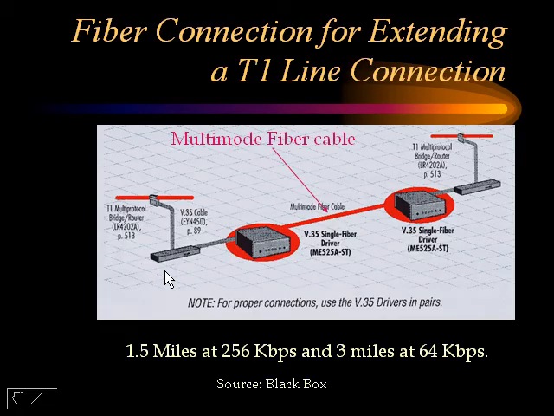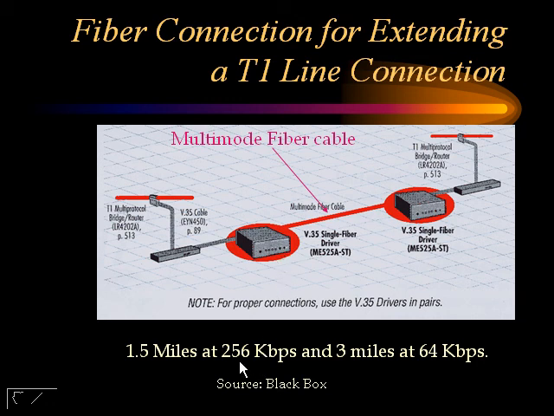Here is a practical example showing the extension of the connection between two nodes using a fiber optics link. In this case, we have one network that terminates here, another network that terminates here, and the distance between these two networks has been extended by the use of fiber drivers. Fiber drivers are devices that are used for extending the connection between two nodes.